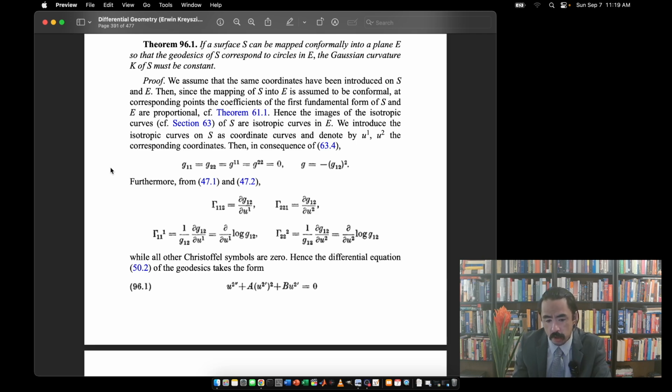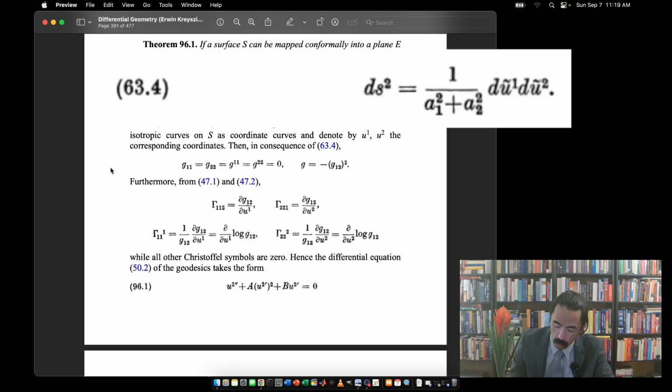We introduce the isotropic curves on S as coordinate curves and denote by u1 and u2 the corresponding coordinates. Then, in consequence of what looks a lot like a stereographic formula, ds squared equals a fraction of 1 over a denominator of a sub 1 squared plus a sub 2 squared, times du1 tilde times du2 tilde.